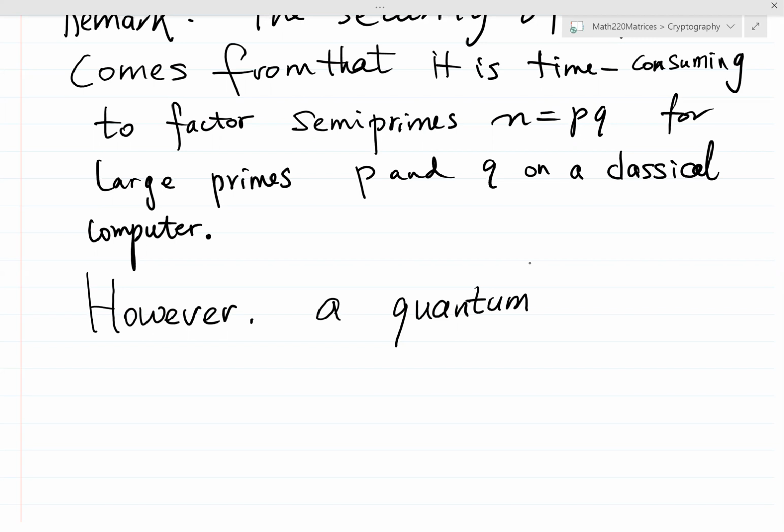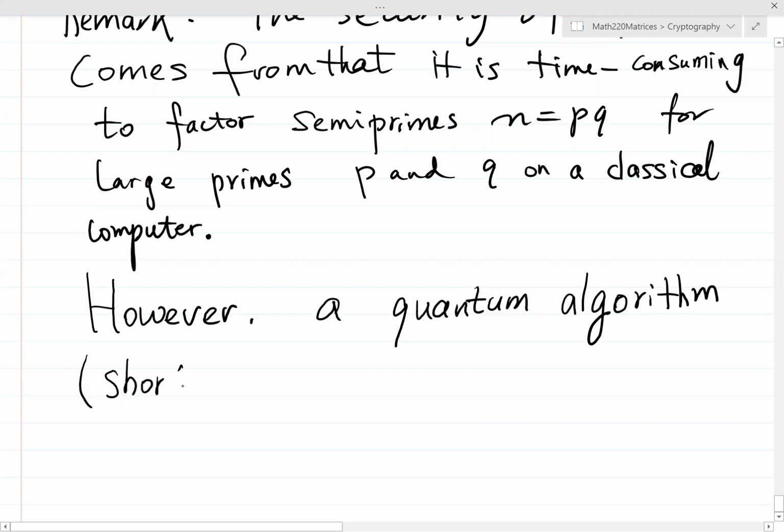But the rule is actually the quantum theory. So we can use quantum rules to build a computer. Then this quantum computer will be more powerful, with a quantum algorithm. So this can be achieved on a quantum computer. However, we cannot achieve the quantum algorithm on a classical computer. So this is called Shor's algorithm.